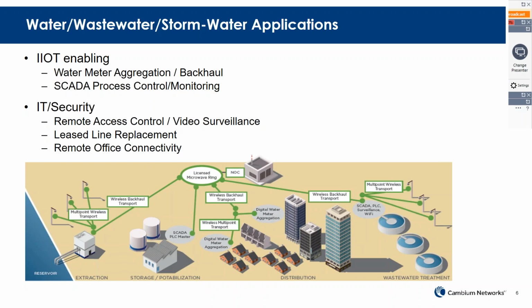And then once you get all that data, you will use a point-to-point product like PTP 700 or sometimes even PTP 820, which has a huge capacity. This pipe will aggregate your data, and then eventually you can form a ring, such as a microwave ring that operates in the licensed frequency, and then you connect to the network control center.